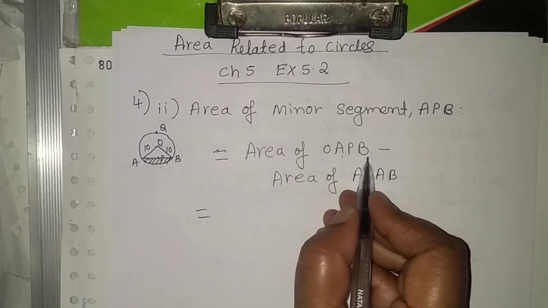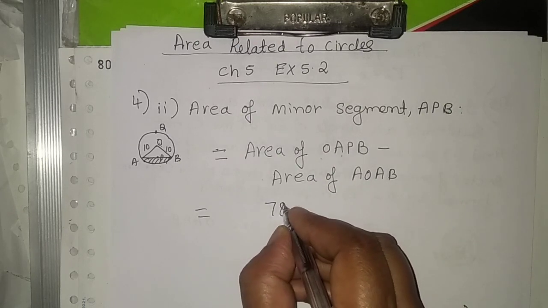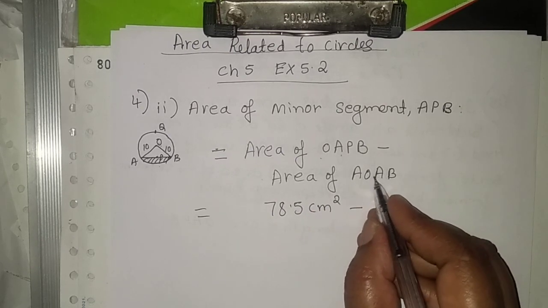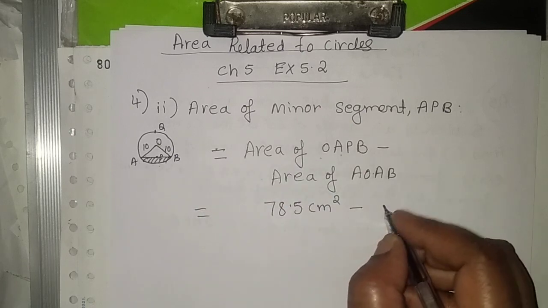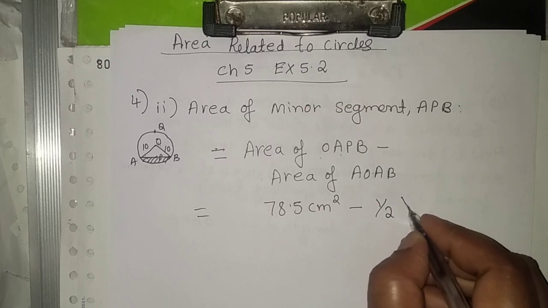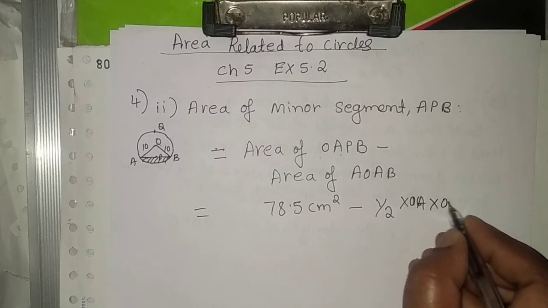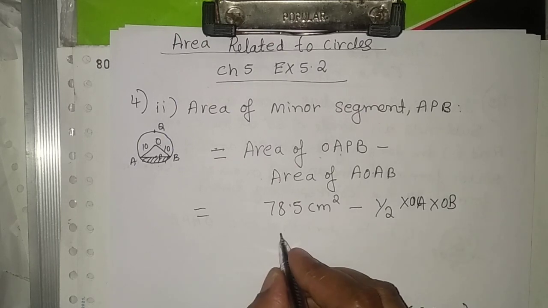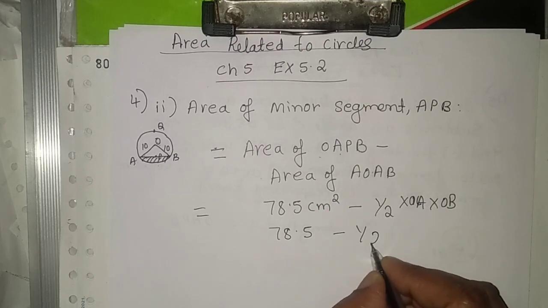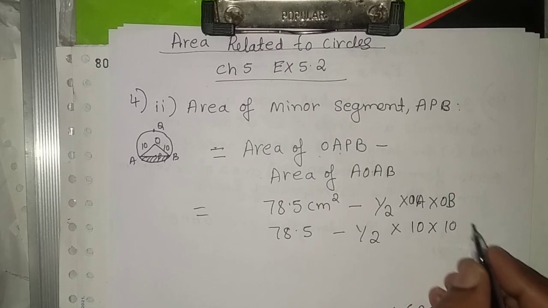We got the area of OAPB as 78.5 centimeters square, minus the area of triangle OAB, which is half into OA into OB. Therefore 78.5 minus half into OA, which is 10, into OB, which is 10.